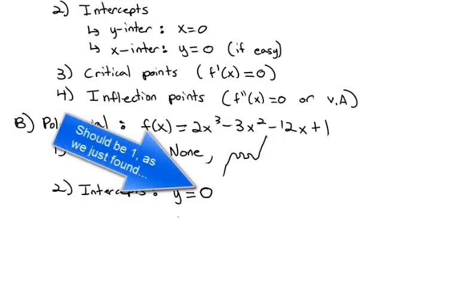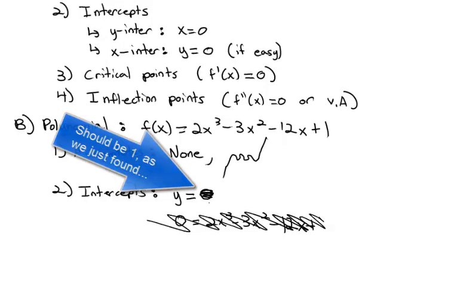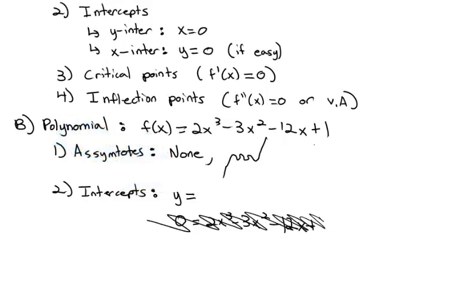Now for the x-intercepts, we put 0 in and we try and solve 2x cubed minus 3x squared minus 12x plus 1 equals 0, but that's probably going to be a little too difficult because we can't factor it, we can't solve it, so we're just going to ignore the x-intercepts for this example. Oh, the y-intercept is 1. The y-intercept is 1.